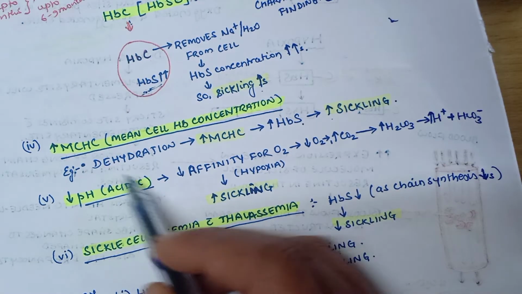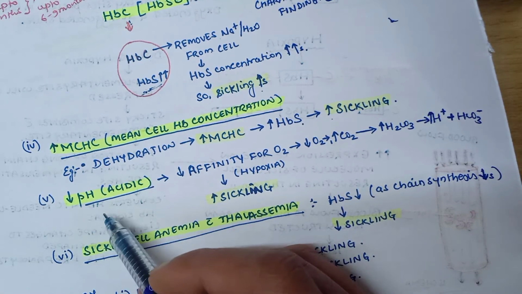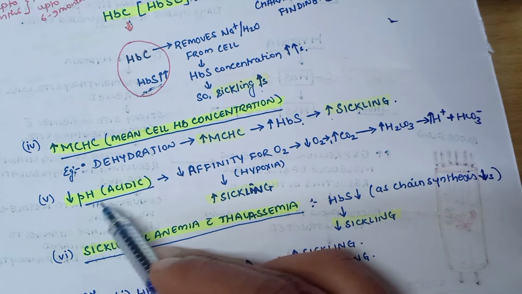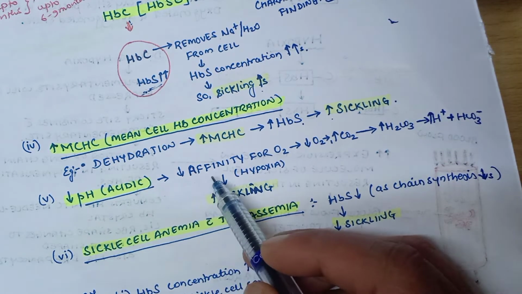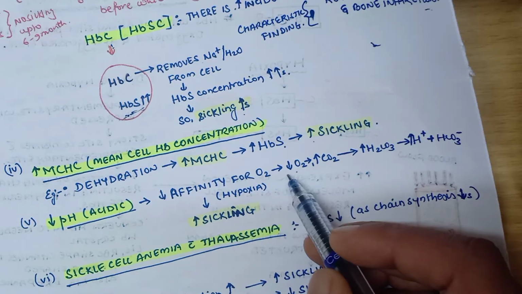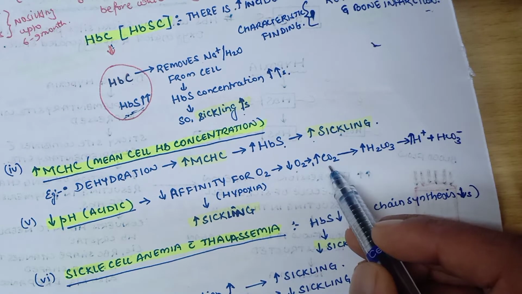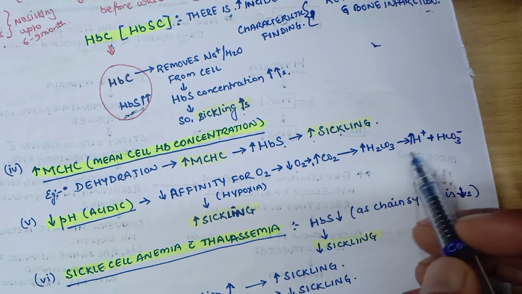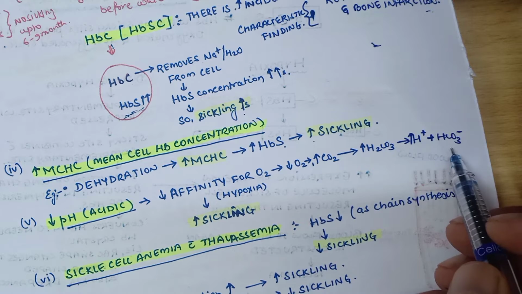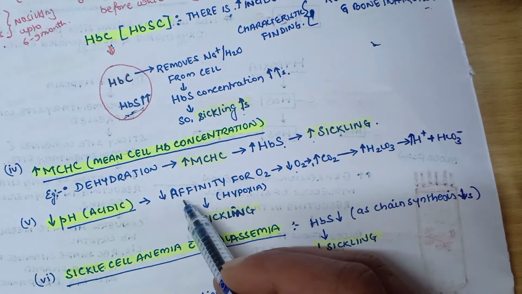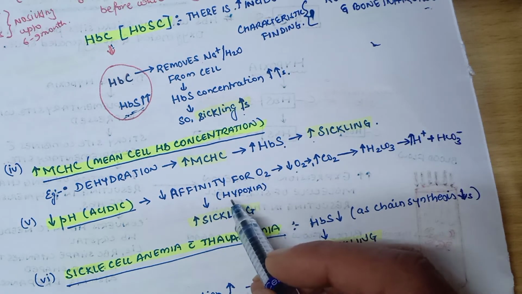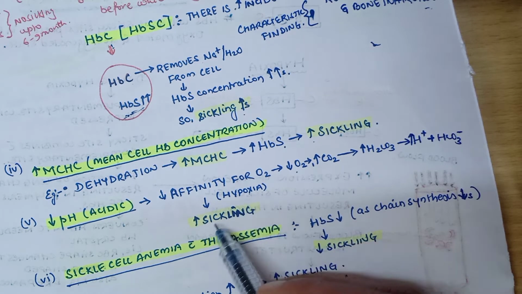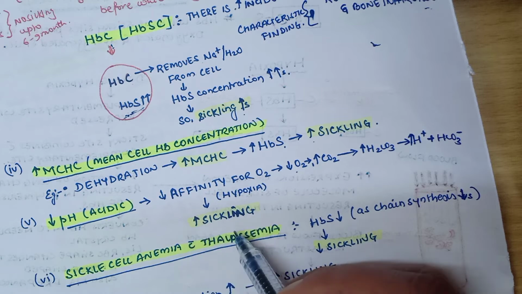In case of an acidic environment or acidosis, where there is decreased pH, this will cause decreased affinity for oxygen. When there is decreased oxygen affinity, there will be more carbon dioxide, which will form carbonic acid, which will dissociate into hydrogen and bicarbonate. So it is in a hypoxic state, and when there is hypoxia, this will result in increased sickling.